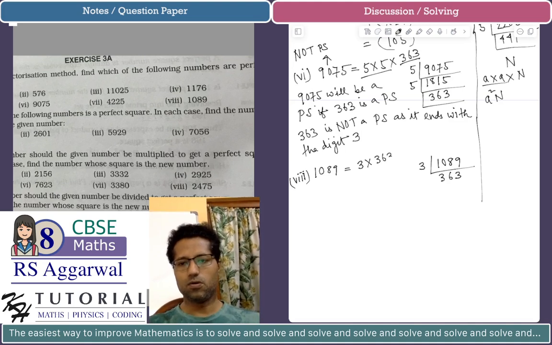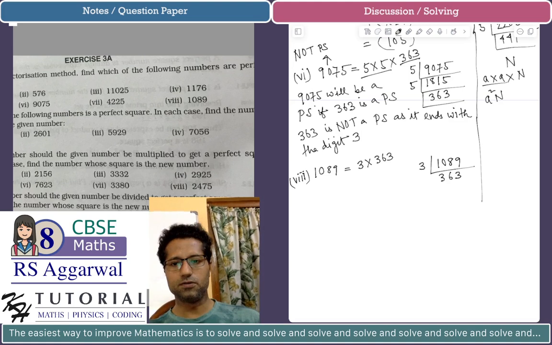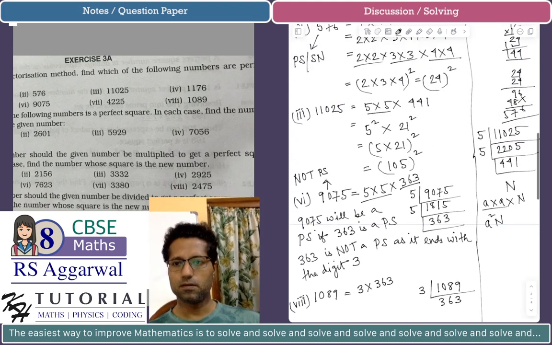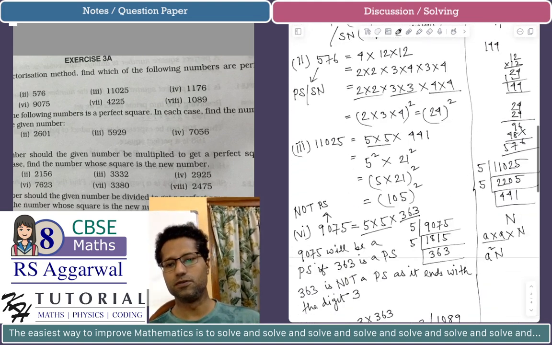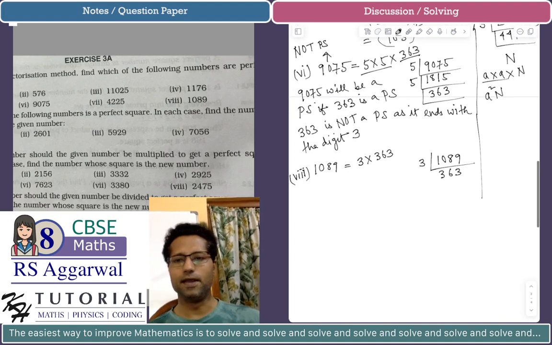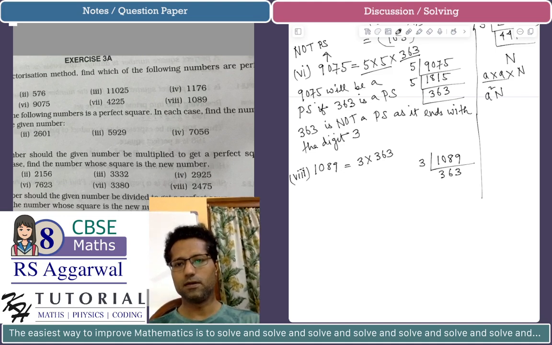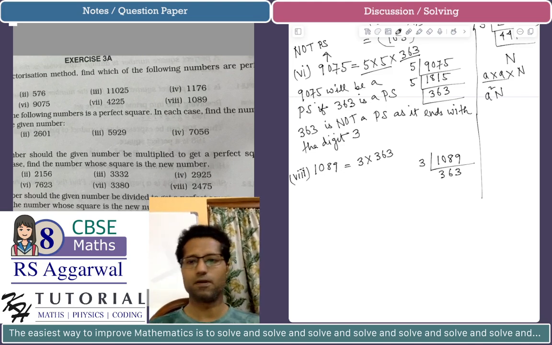Now you know that 363 is not a perfect square, because it ends with the digit 3. Now if we multiply 3 with it, never say that this whole number is not a perfect square just because 363 is not a perfect square.